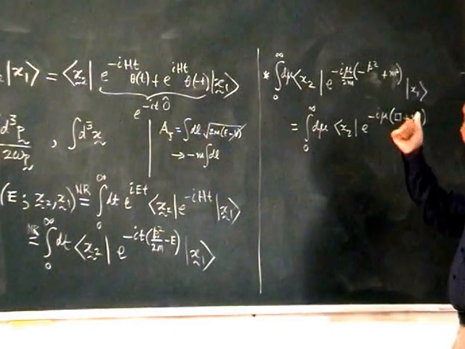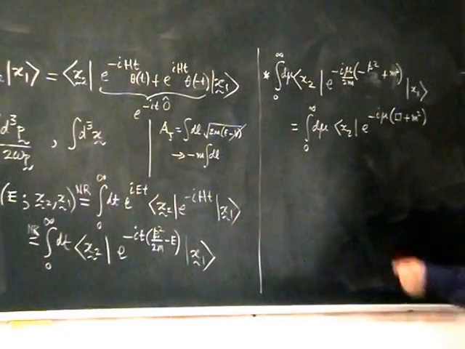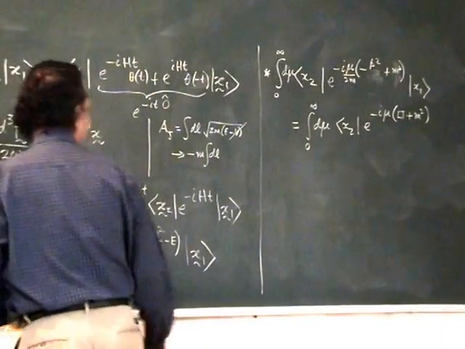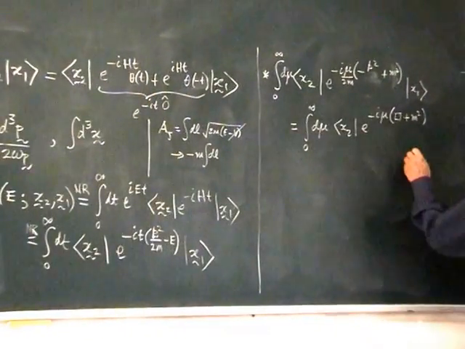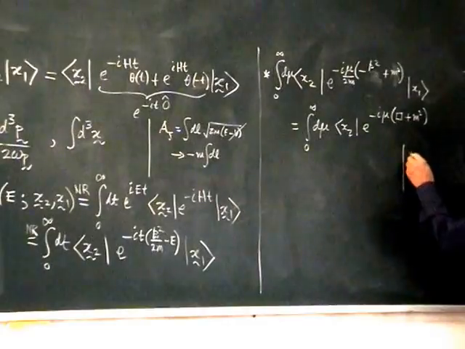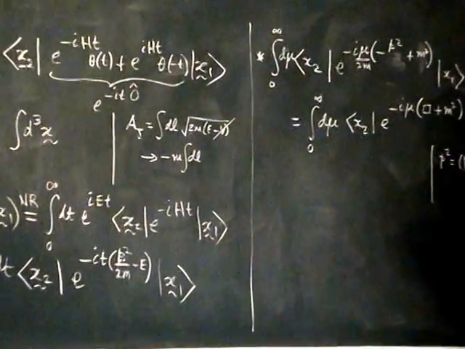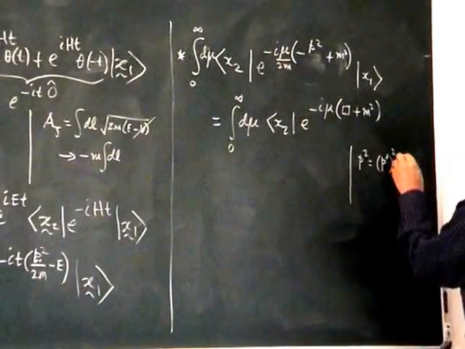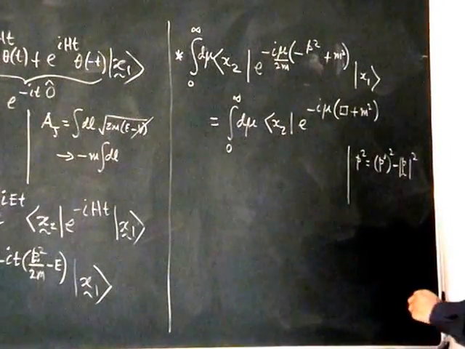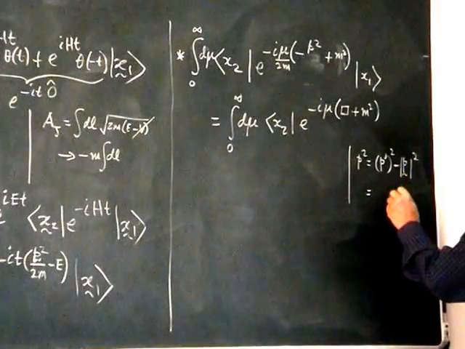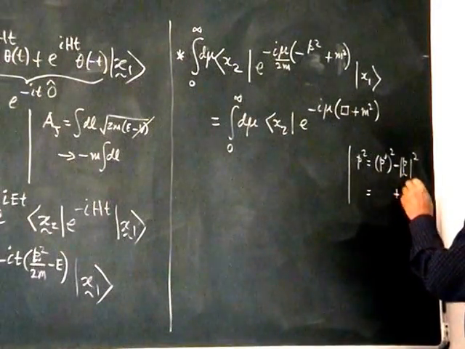Okay? Let me make sure I got the signs right. Let me do it here itself. What we are trying to do is p square would have been P naught square minus the standard P square. Standard P square will go to minus del square, so this will become plus del square.